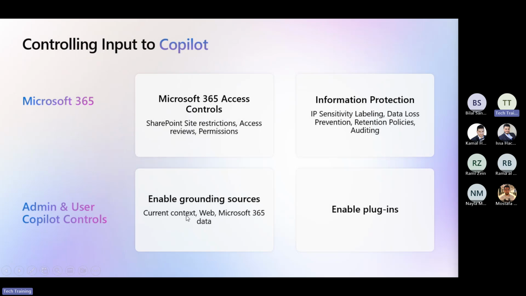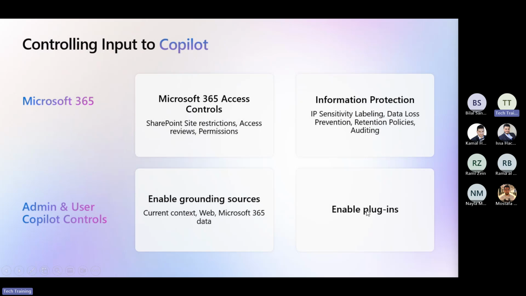Regarding the admins and the users, we have enabled grounding sources like the current context, making sure that the context prevails and everything is running within this content. The web, the internet browsers or the internet results, Microsoft 365 data. And we also can enable plugins.